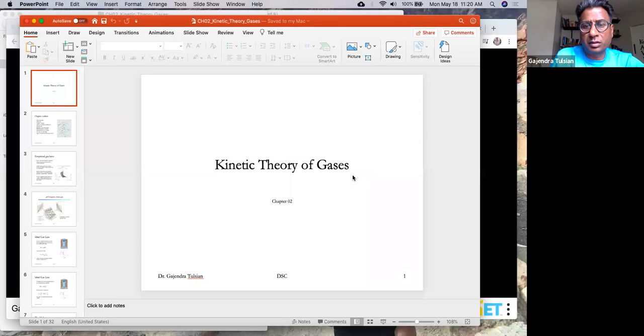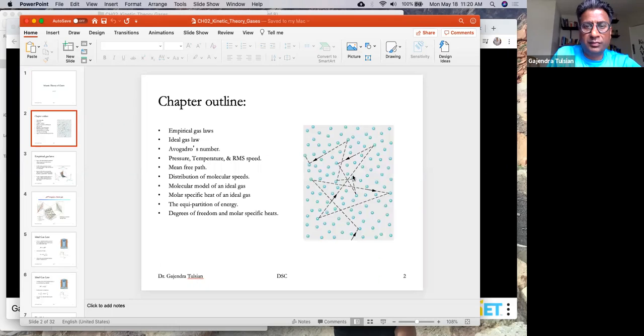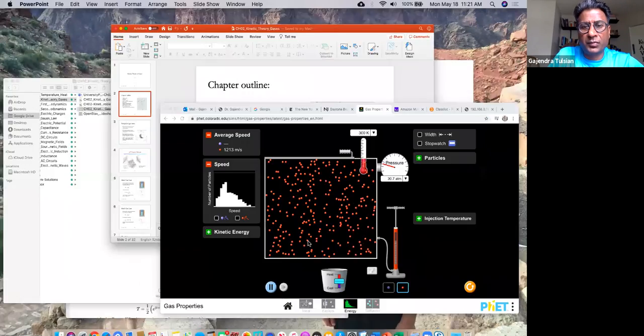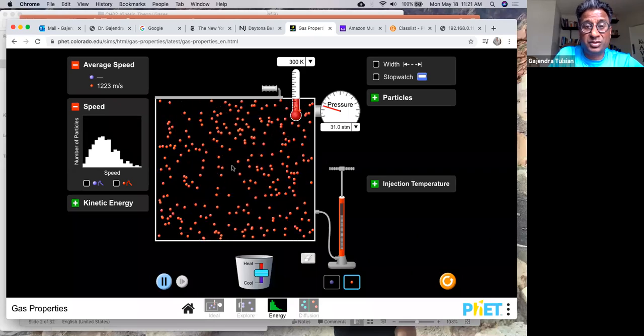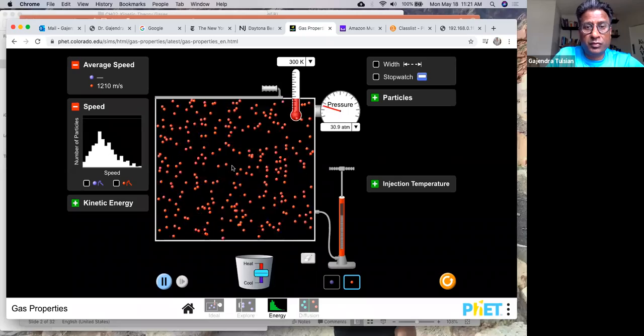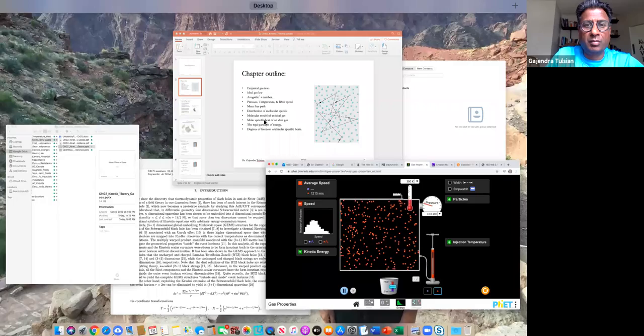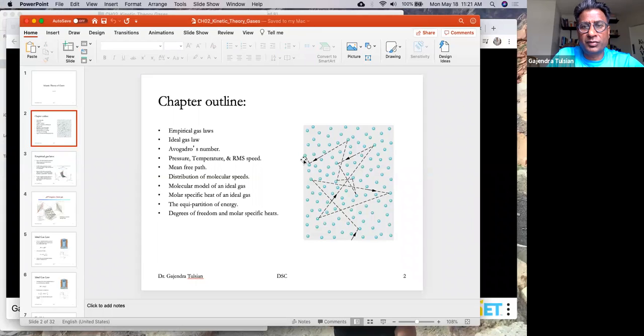All right, so the kinetic theory of gases. We'll start off by studying the ideal gas law. You all know what Avogadro's number is. We'll see how pressure, temperature, and RMS speeds are related. Mean free path: as you saw in that simulation, the molecules are colliding billions of times a second. Of course this simulation can't show you that.